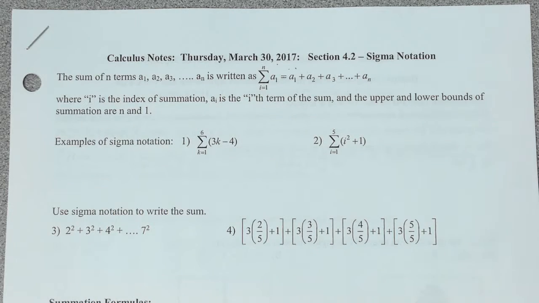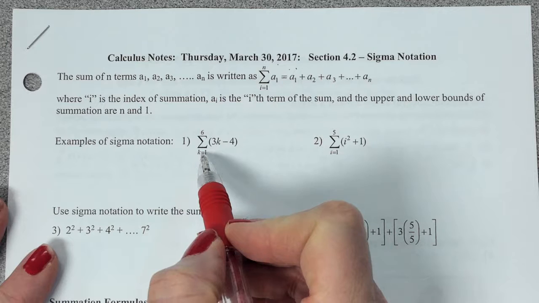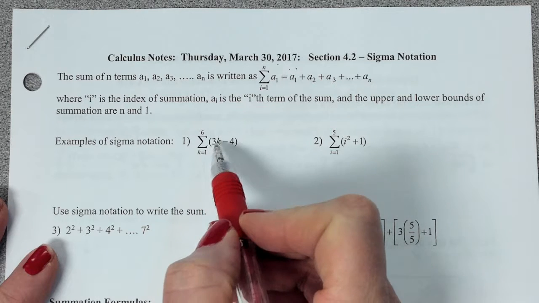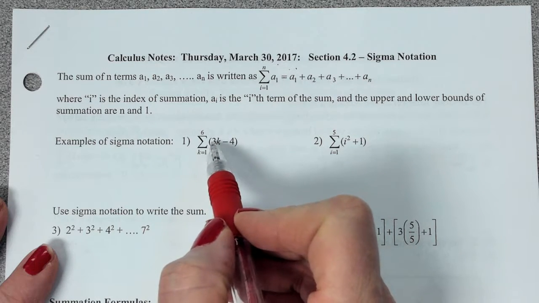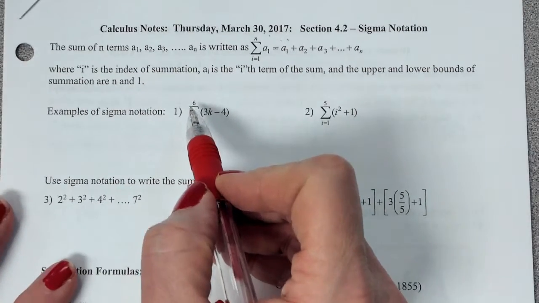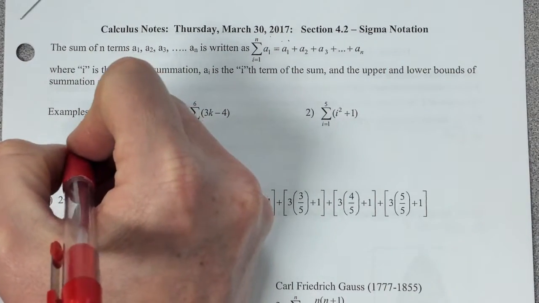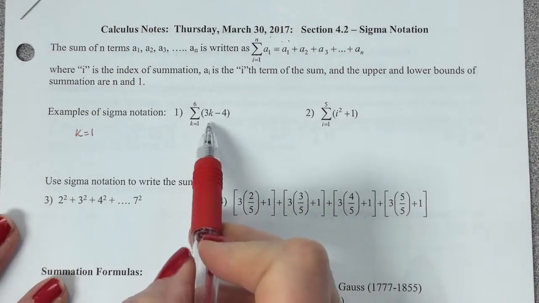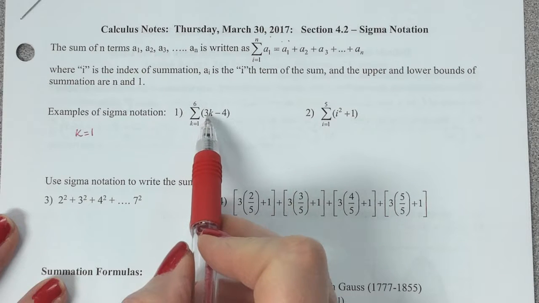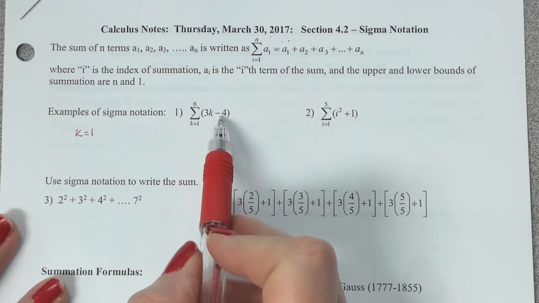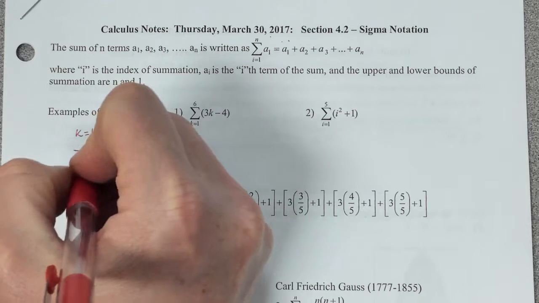So let's look at some examples of how we would work this. On this first one, we would have to plug in 1 for k, 2, 3, 4, 5, 6, and add them all together. So let's go ahead and do that. If k equals 1, 3 times 1 is 3, minus 4 is negative 1.